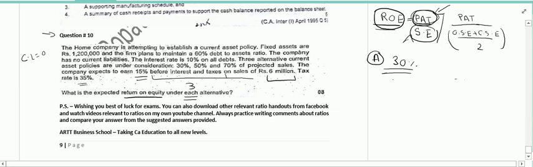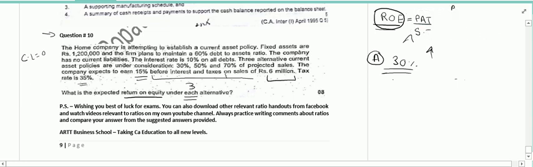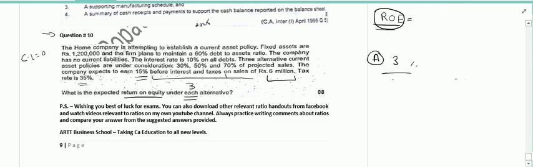Profit after tax can be obtained from the profit and loss account, and shareholders equity can be obtained from the balance sheet. So I will need to prepare both. I will need to prepare the P&L and balance sheet, and then I can calculate return on equity. Let us now calculate the return on equity value and see all its workings. Let me solve it for the first alternative.